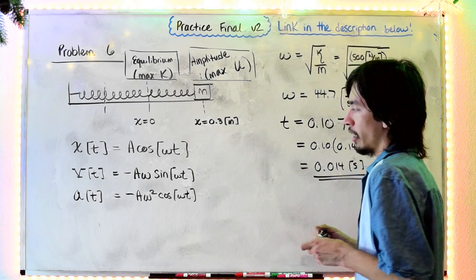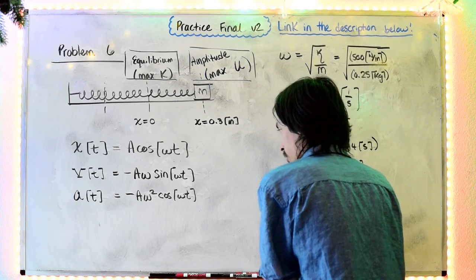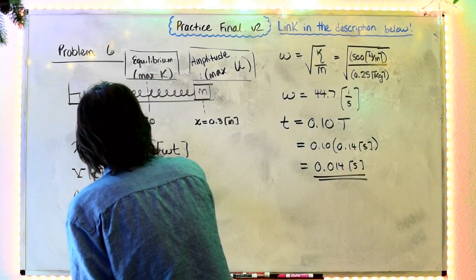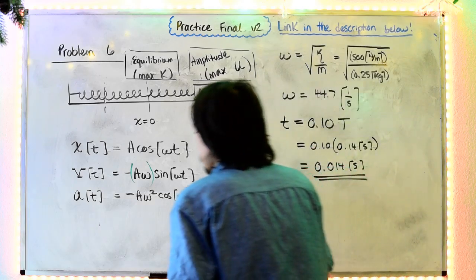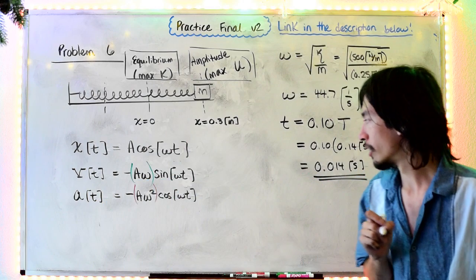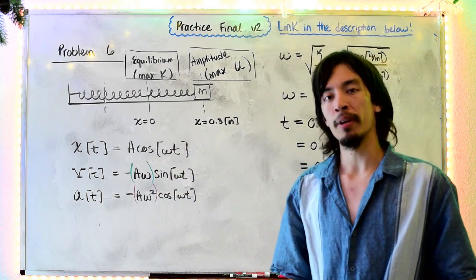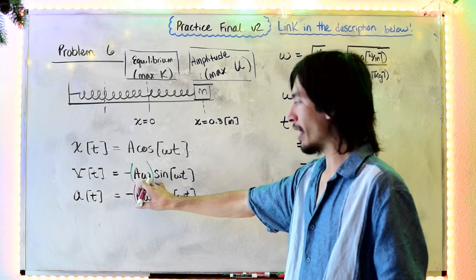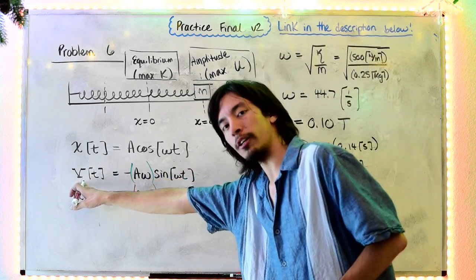Now, you may realize that this term out front, a omega, and this term, a omega squared, are actually just the things we've calculated before, because a omega was the maximum velocity. That's why it corresponds to the velocity function.